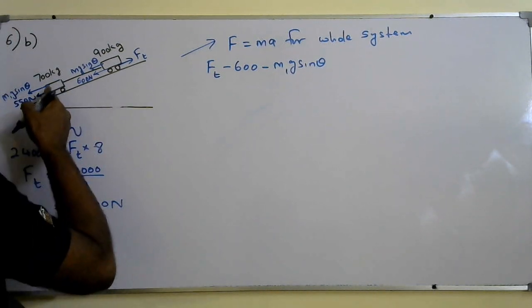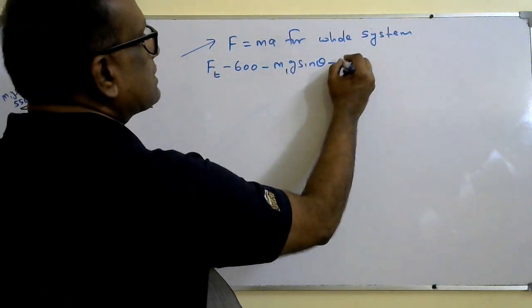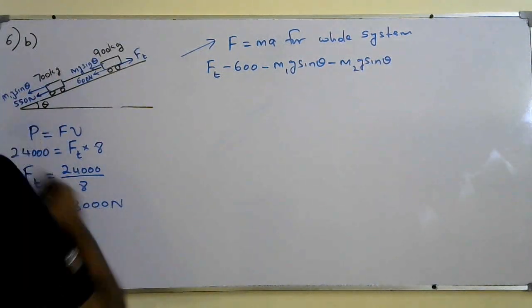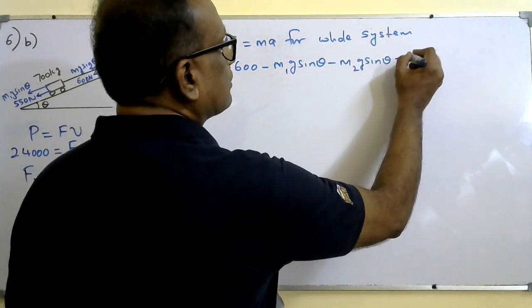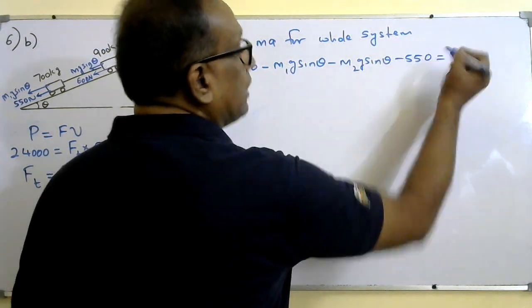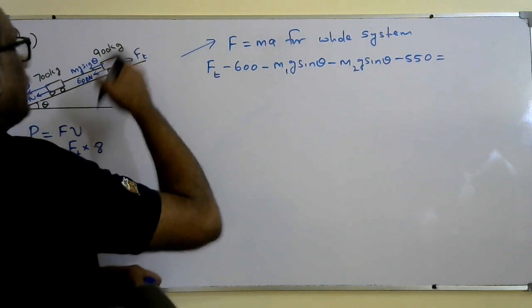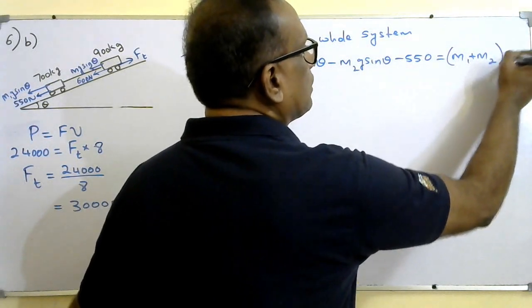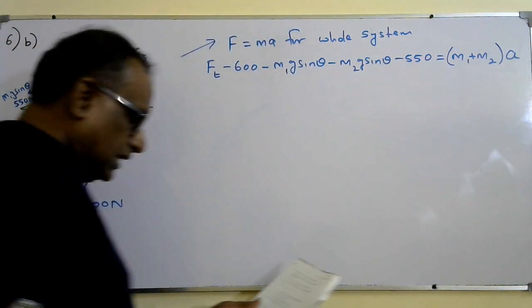Then for the trailer, minus m2g sin theta minus 550 equal to ma, the total mass, m1 plus m2. The question is to find the acceleration.